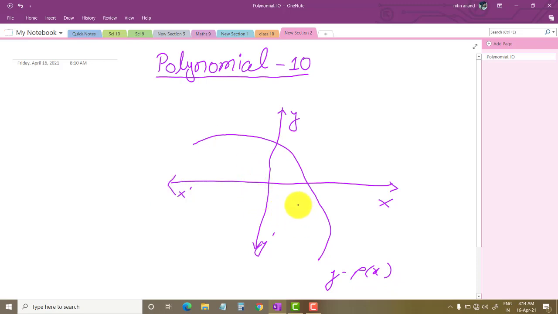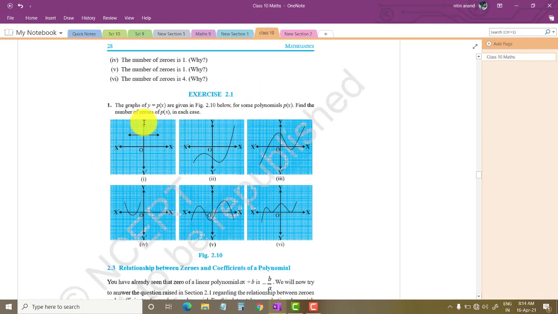Then see how many times this graph intersects the x-axis. It is only one time, so the number of zeros for this graph is 1. We count the number of intersections of the graph with the x-axis, and that will be our answer.